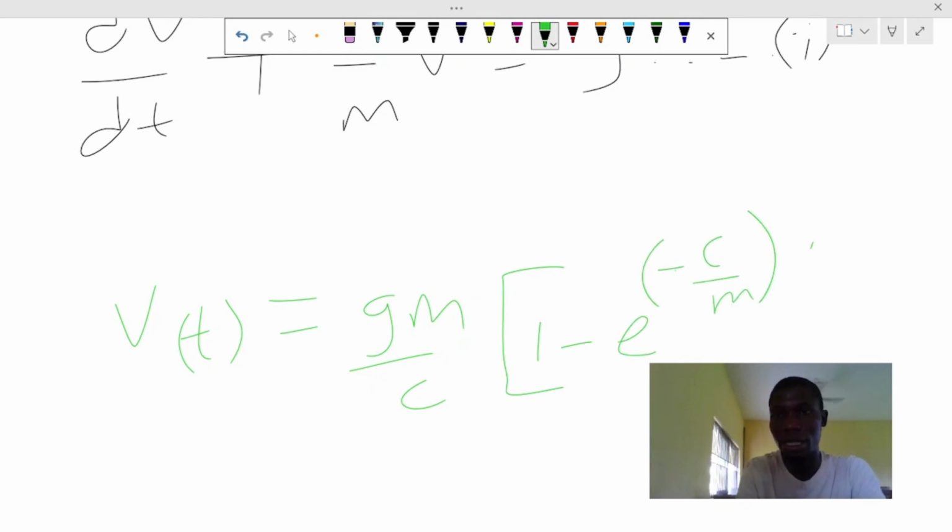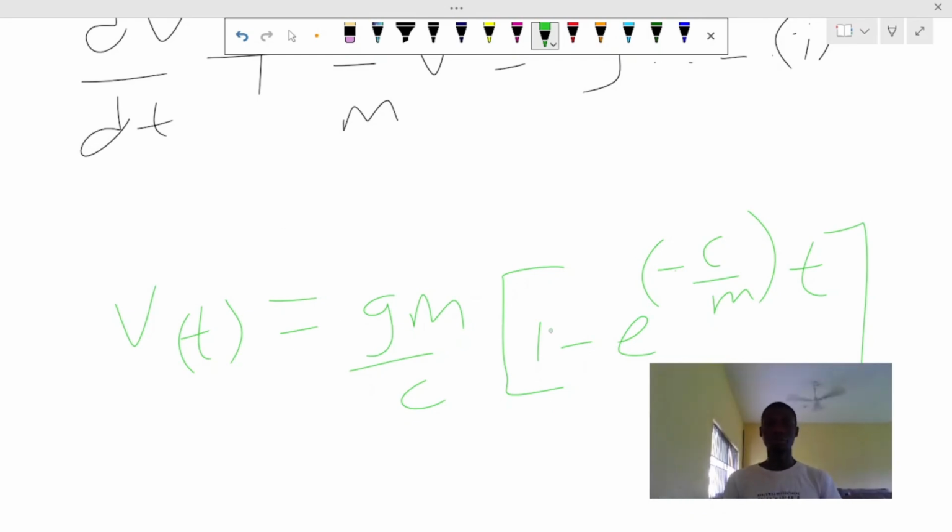Yeah, that's correct. You will arrive at this as the final answer, equation 10. This expression gives us the terminal velocity. At time 0, we'll have a value for velocity, at time 2, at time 3, 4, and so on.